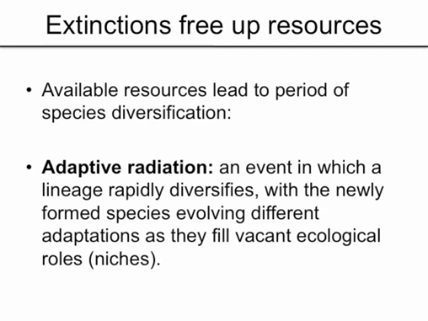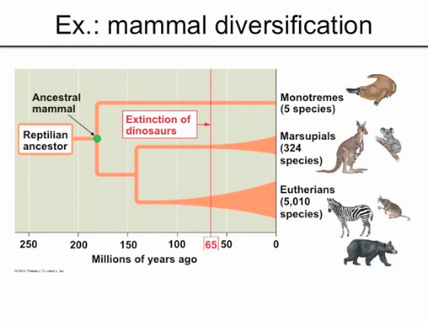At that time, there were very few mammals, only a select few species. If we look at the fossil record and count the number of mammal species in different lineages over time, we can see that around 65 million years ago there's a dramatic increase in the number of mammal species.